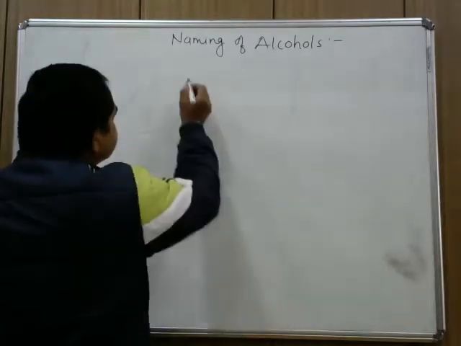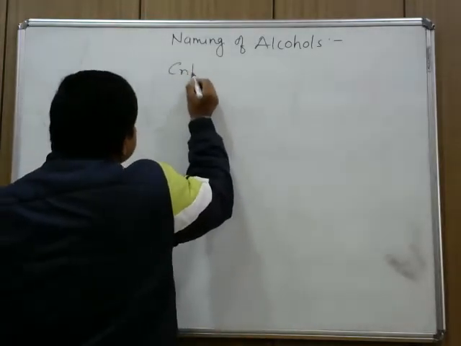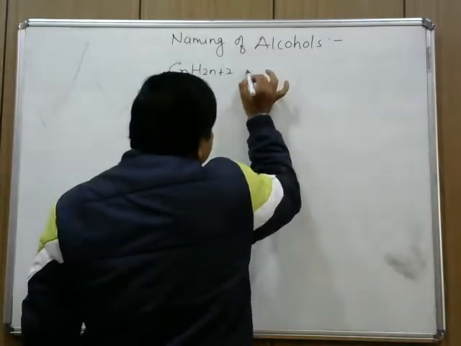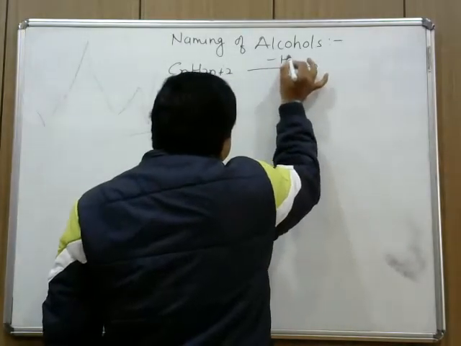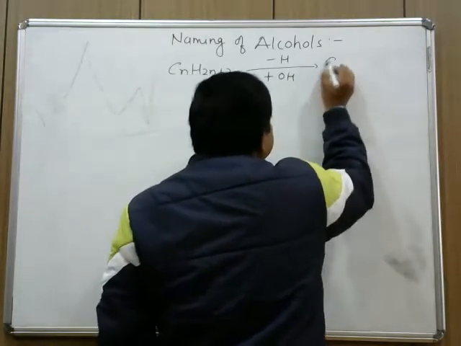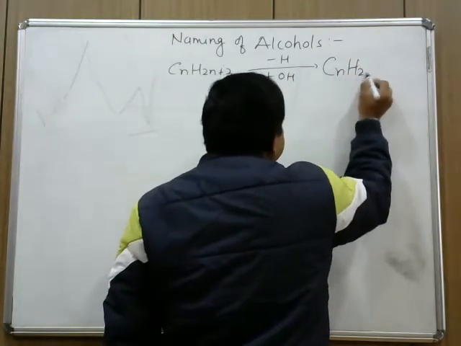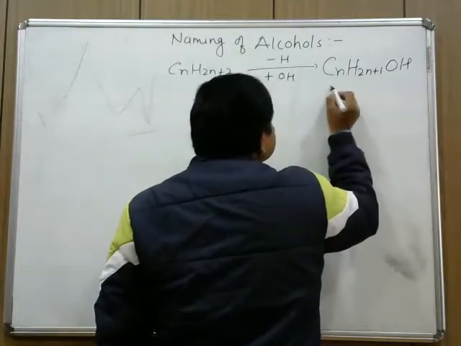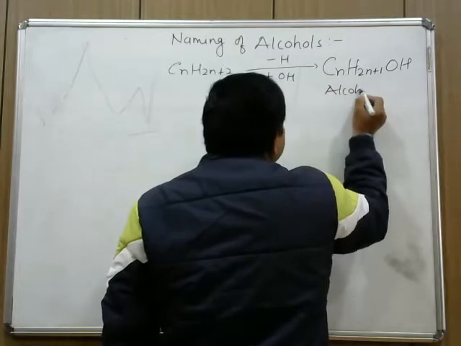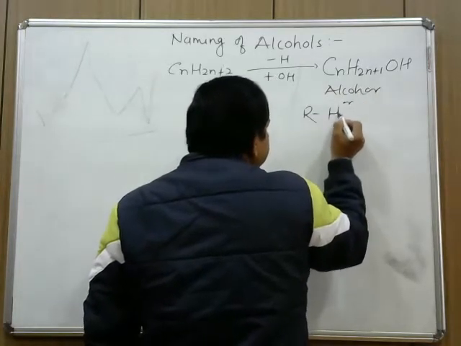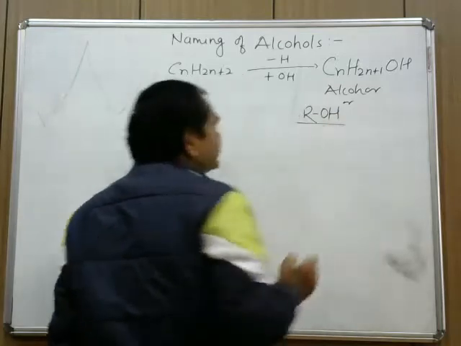So we have CnH2n+2. One hydrogen is replaced by an OH group and we have CnH2n+1OH, an alcohol, or that can also be represented as ROH.